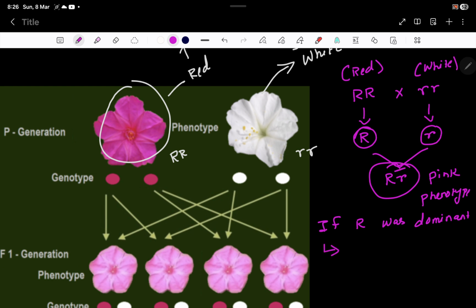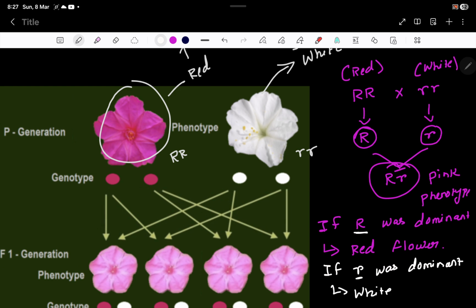If capital R was dominant, it would have created red flowers. But if small r was dominant, it would have created white flowers.